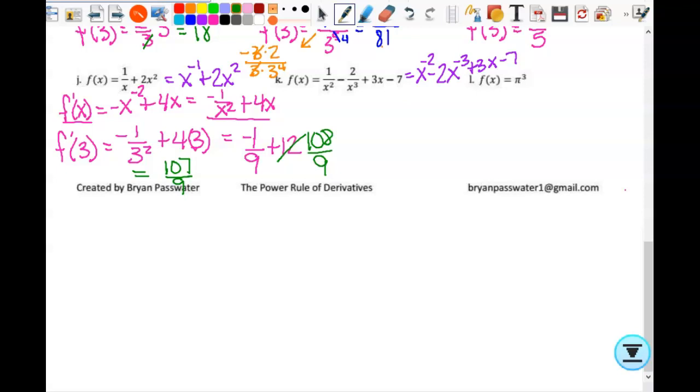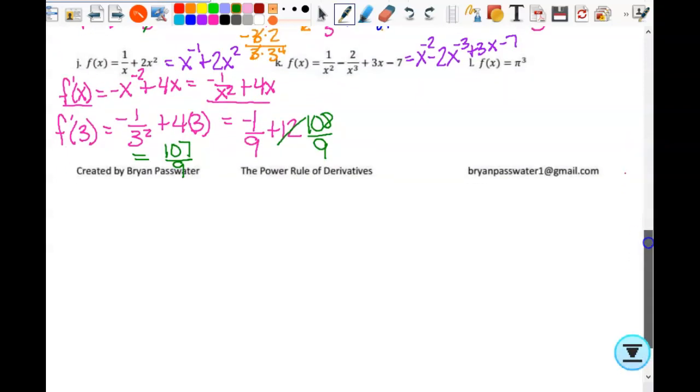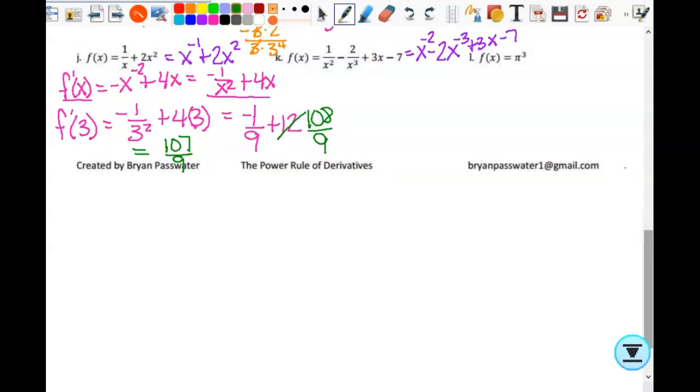All right, so actually I'll probably still do it here because we don't need much room for L once we get there. All right, so we rewrote K so that it looked more like this and we didn't have any x in the denominator anymore. So when I want to find f prime of x, I multiply, so this gives me negative 2x to the what? Negative 3, good. Don't let those negative exponents mess you up.